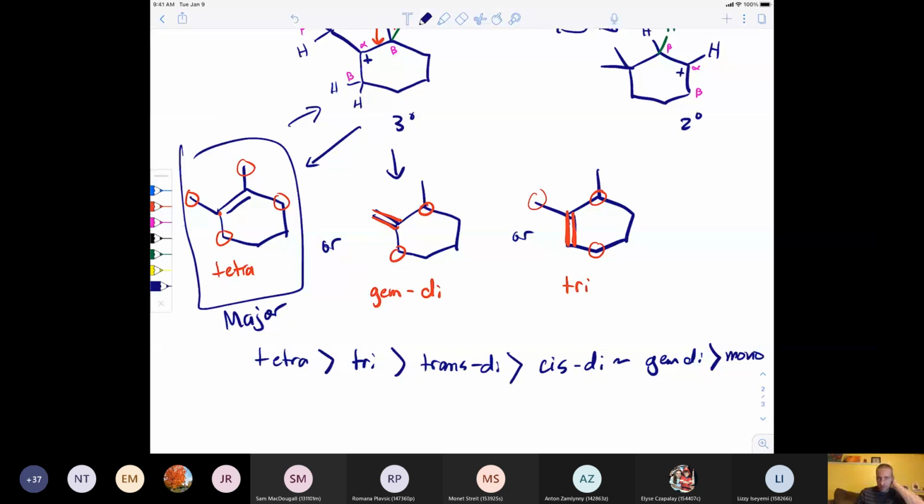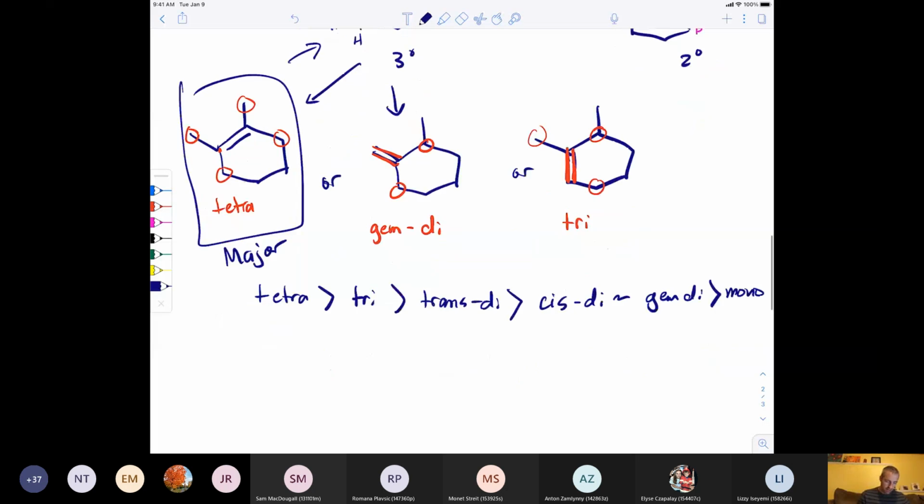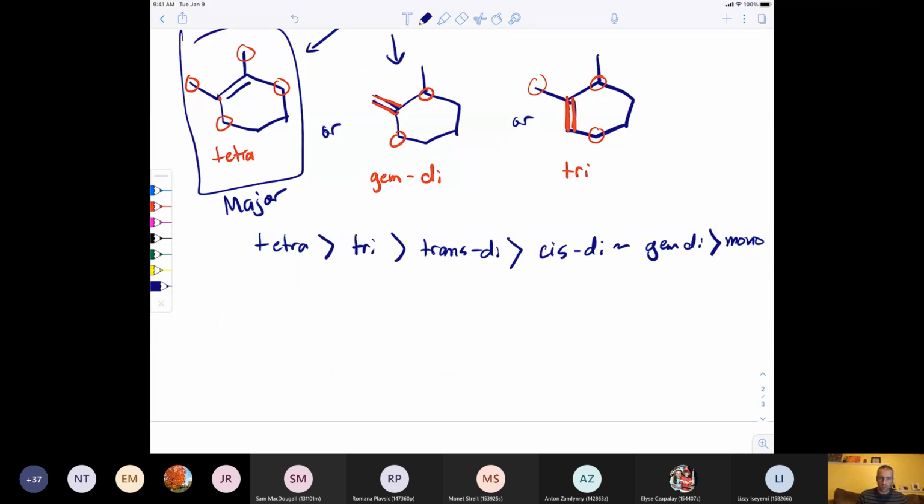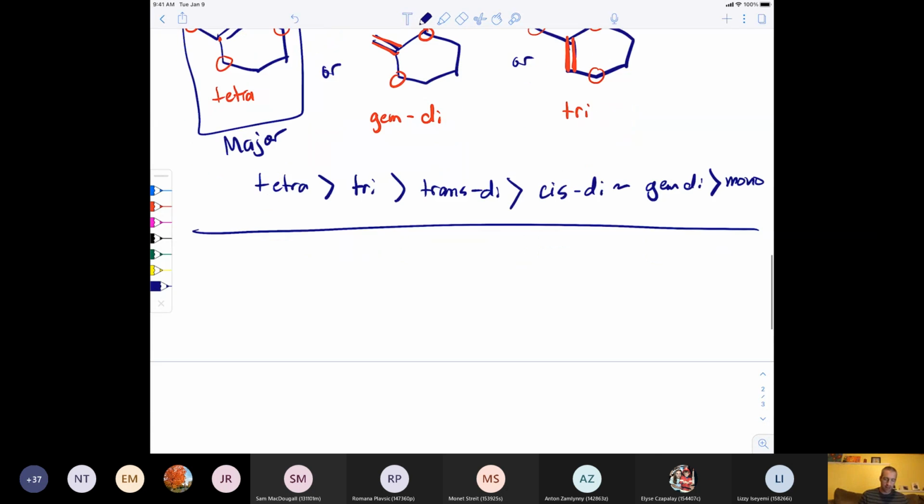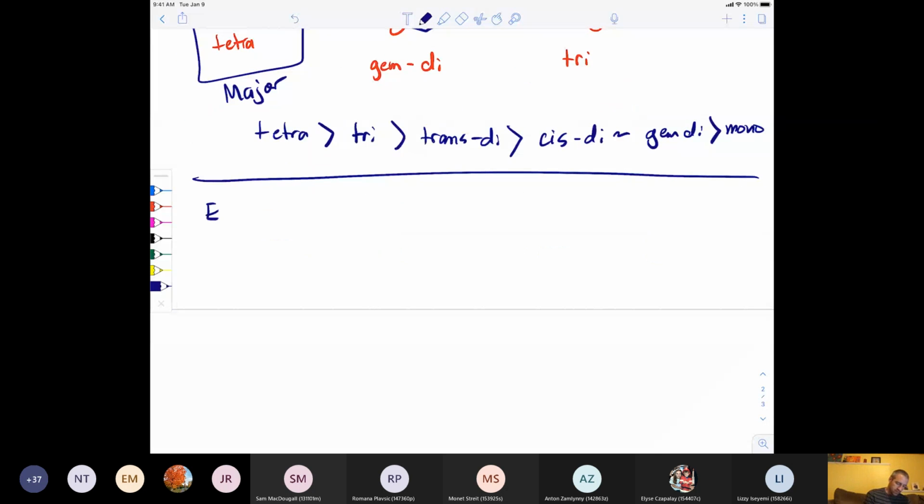Cool. Can you remind us why Zaitsev was decided for this reaction? Yes. So for every elimination reaction, Zaitsev's rule will apply, except in one case. The one case where Zaitsev's rule doesn't apply is when it's an E2 and you're using a bulky base.